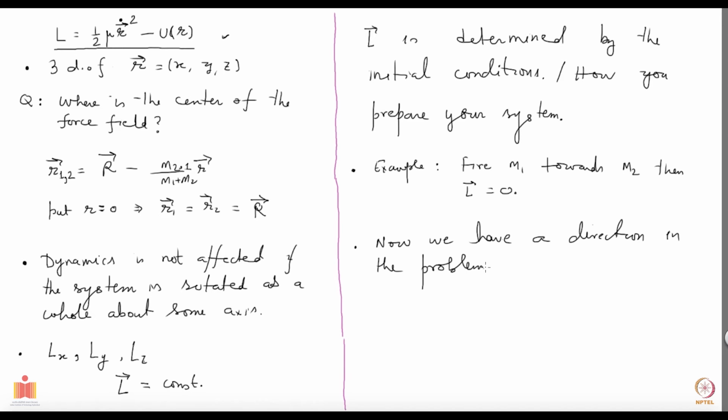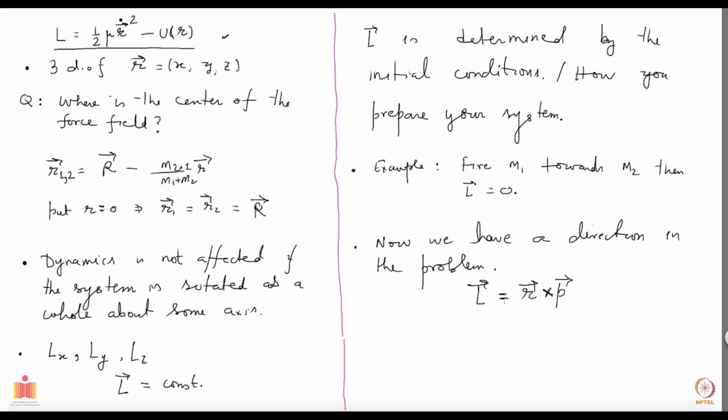Let's see how I can utilize this to make further remarks about this statement. So I found a direction to the problem, and this is clearly your L is R cross P. And this R is measured from the origin, and you know where the origin is, so angular momentum is measured with respect to that point.